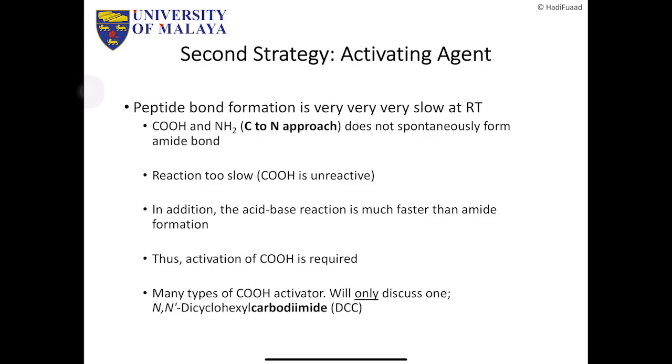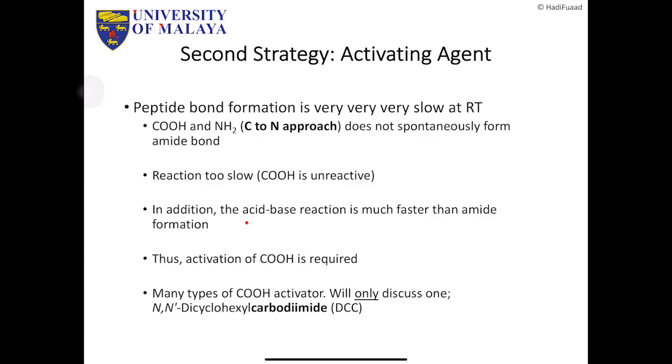The second strategy is by using an activating agent, because as you remember, the carboxyl group and the amine group do not react readily. So you need either an acid or a base to catalyze the esterification and formation of an amide bond. But this reaction is very slow, even with the presence of acid.